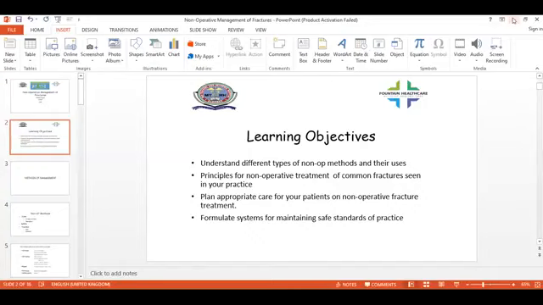Now, this translation means the fractures are still in contact, and this apposition could be graded from 100% if the fragments are together, anatomically, or it could be like 75% contact, 50% contact, 25% contact.